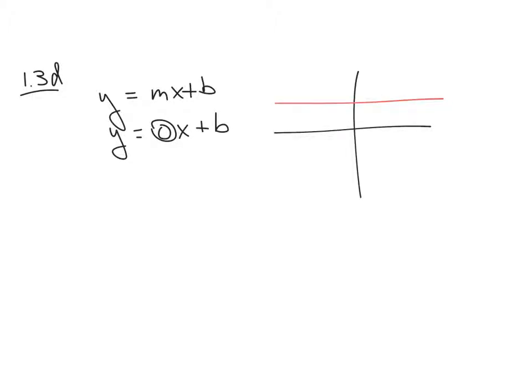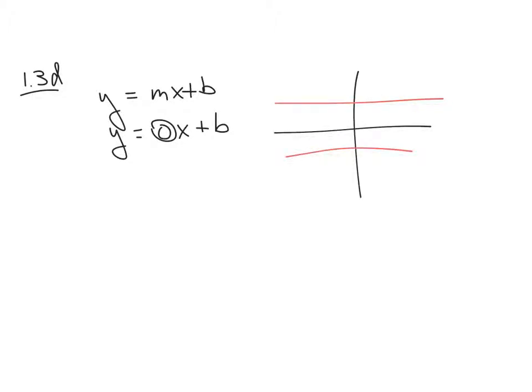All right, so what does it say? There's a special linear function that has the form y equals mx plus b. This particular special linear function has a 0 in front of the x, which means there is a 0 slope. Whenever you have a 0 slope, it is a horizontal line.